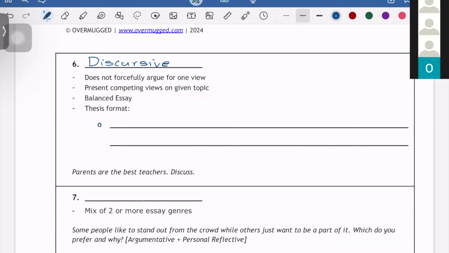Thesis format for this, a bit similar to the argumentative essay. Same thing, while you still have your counter arguments. However, because it's a balanced essay, that means now you should have 2 counter arguments.